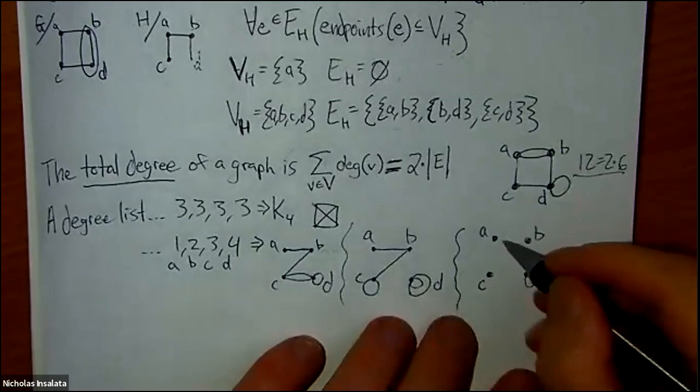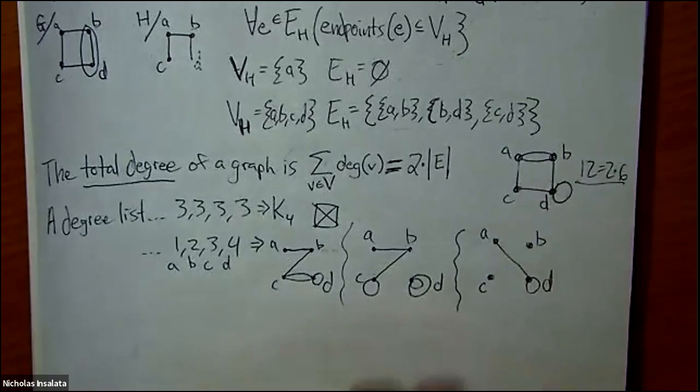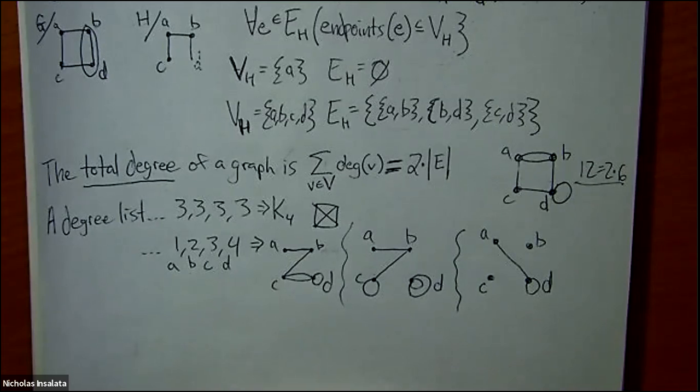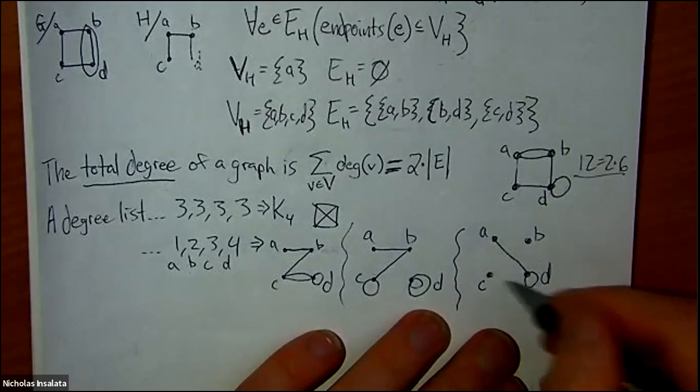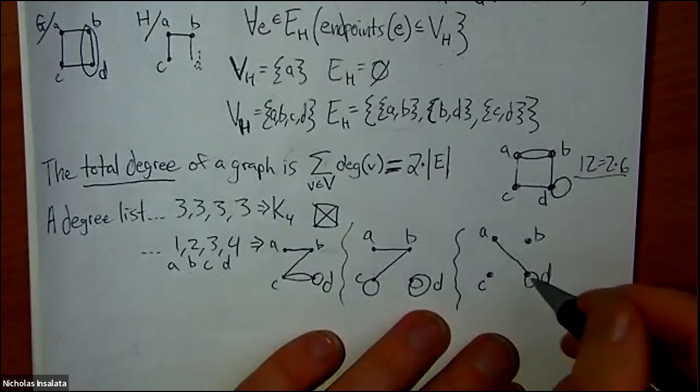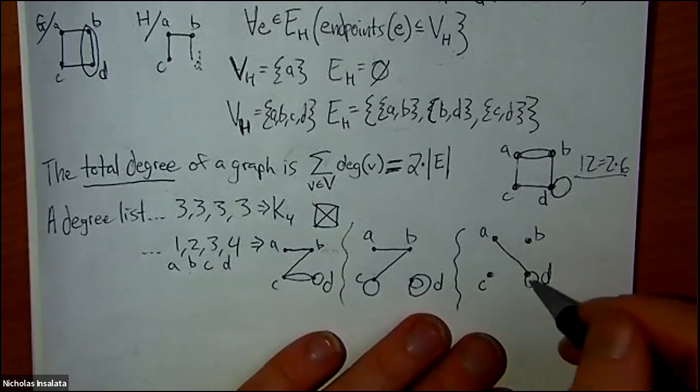A to D, okay, sure. And what else? Okay, B to D. Well, we don't want C to D and B to D because then D would be 5 instead of 4. So which one should I pick? Should I connect B to D or C to D?